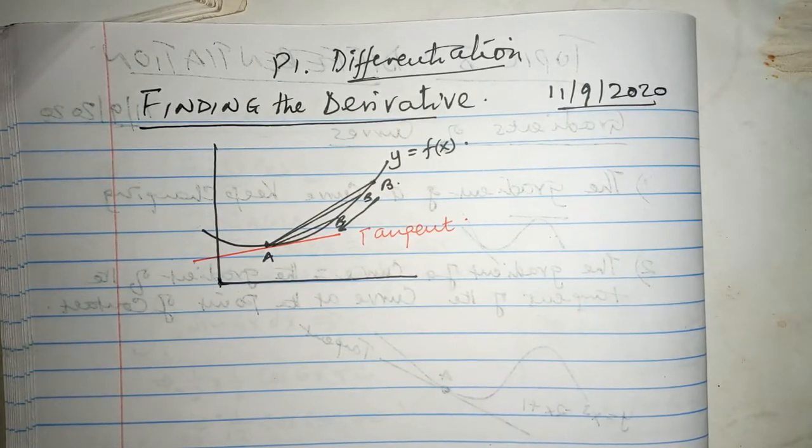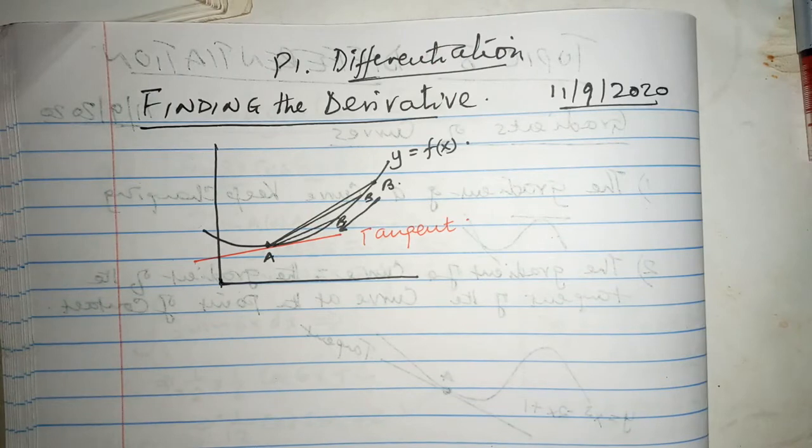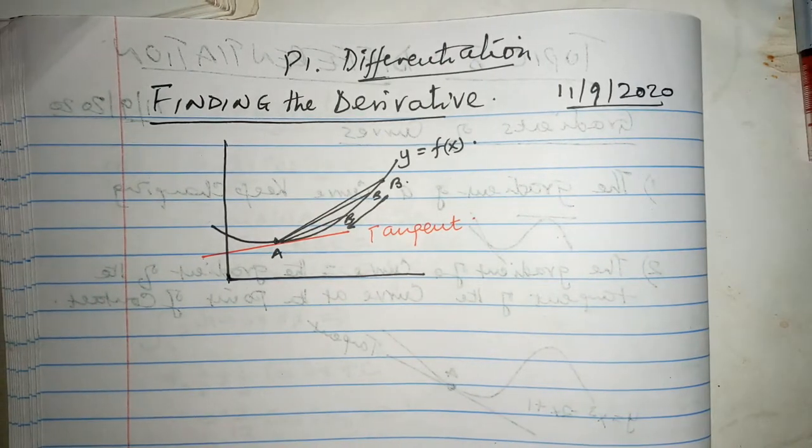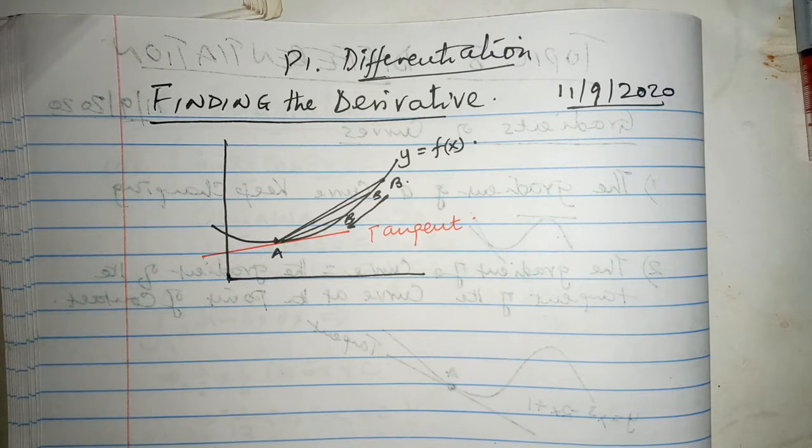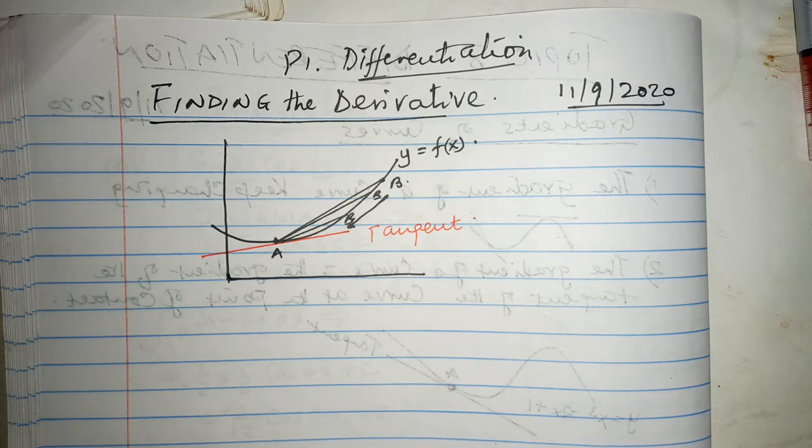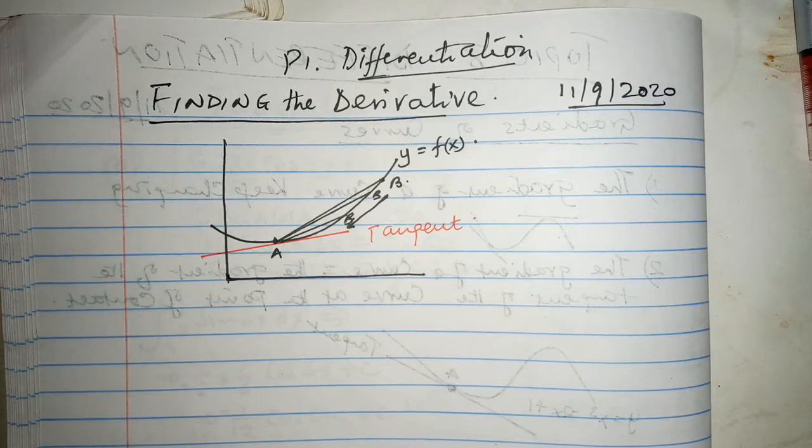Having said that, we are told that you can formalise this approach by letting the x coordinate of A be x naught and the x coordinate of B be x naught plus h.